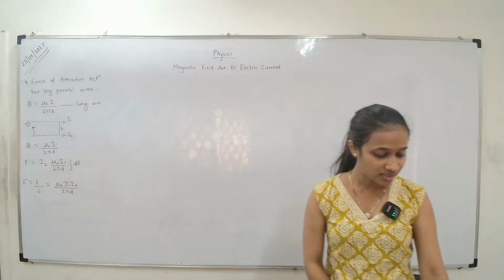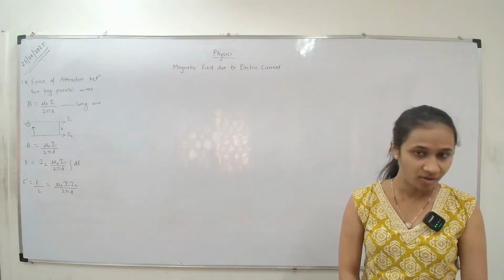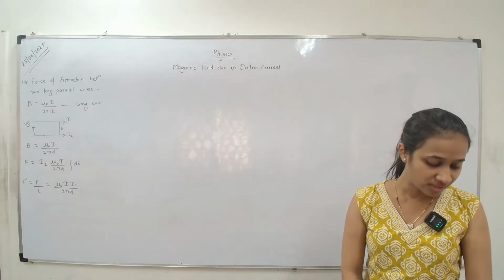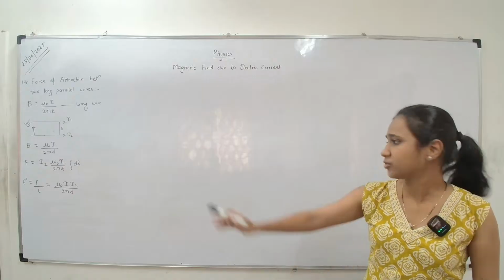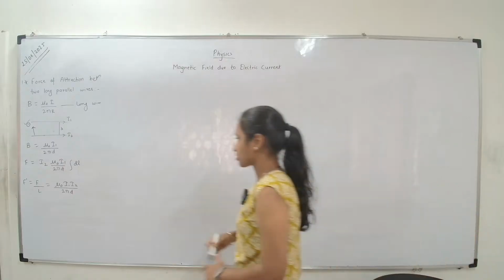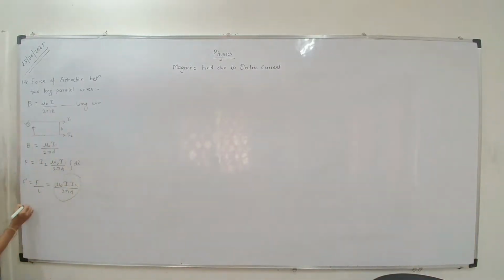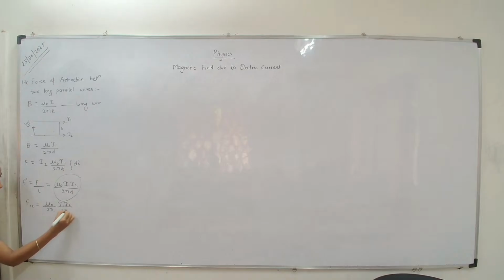Now let's consider a section of length L of the second wire. So force on this section due to current in wire 1, which I just told you. So this is force on wire 1 due to 2, that is mu naught upon 2 pi I1 I2 upon d.